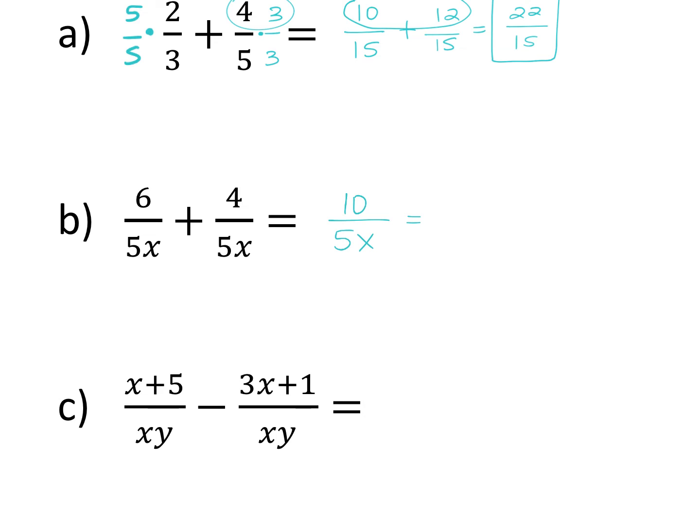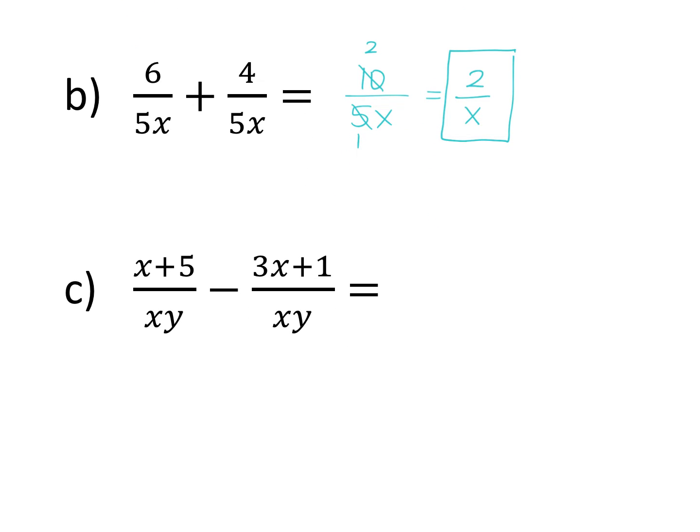To what? 2/x, right? 10 divided by 5 is 2. So 2/x is as simple as you can go right there. You're not really solving anything, right? You're simplifying. You're not solving for a variable or anything like that. You're just simplifying as far as you can.